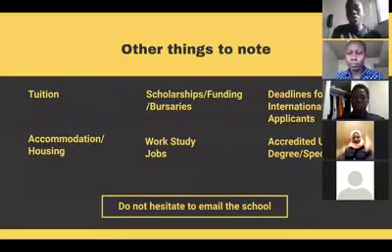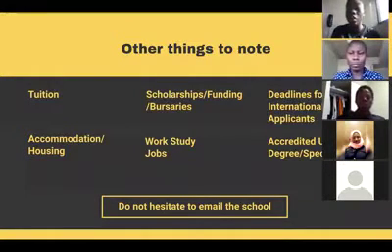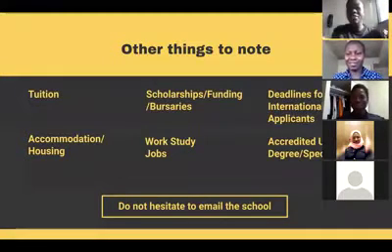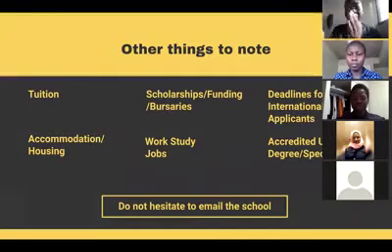So if you know that you might not be able to fund your school fees for University of Toronto, then don't go there. Look for a very good school that is also really standard and has a really good price range, something that you can afford, and then apply to that school.